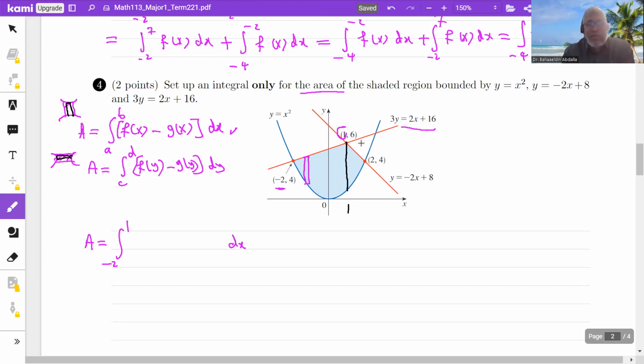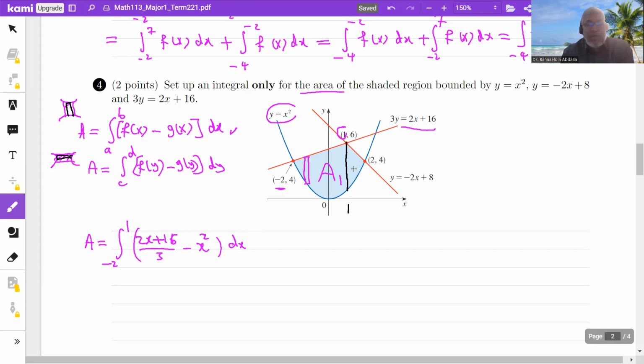So it is, but I have to divide by 3. So (2x plus 16) divided by 3 minus the other function, this function, the parabola. But it has to be y equals g of x. So it is x squared. So this will give me the area of this region. I can call it A1, for example.